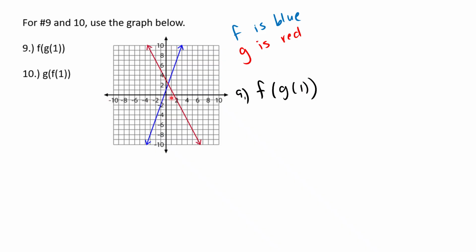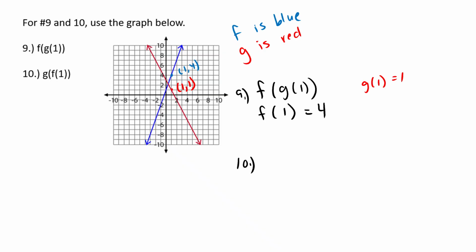We're going to come over here to 1, and looking at the red graph, we see that it goes through the point 1, 1 right there. So when X is 1, Y is 1, which means that this is F of 1. And so coming over to the 1, now I'm going to go up and find F, and that appears to be a 4. So we have the point 1, 4, meaning that that is a 4.